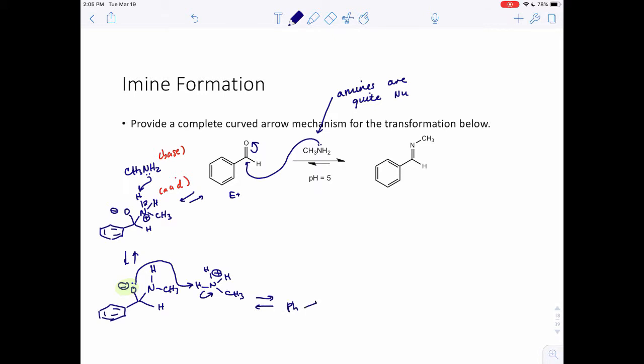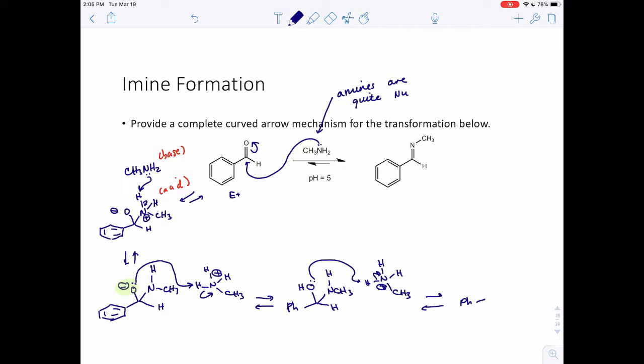I'm going to start abbreviating the aromatic ring as phenyl to make our lives a little bit easier. Okay. Now from here we're going to protonate one more time. You can use the protonated amine again if you like. And it turns out that this last step is actually the rate determining step of this entire reaction, and it's why this reaction has to be specifically pH 5 or mildly acidic.